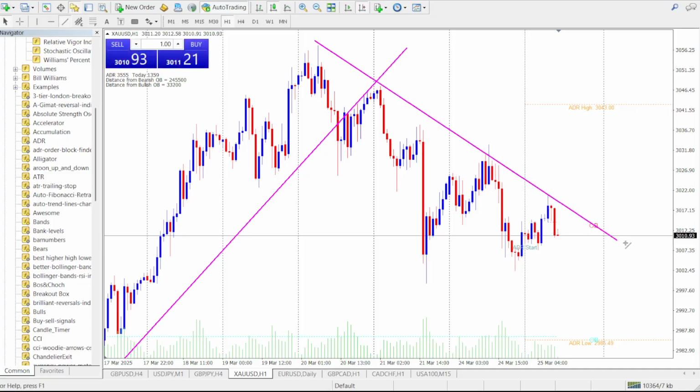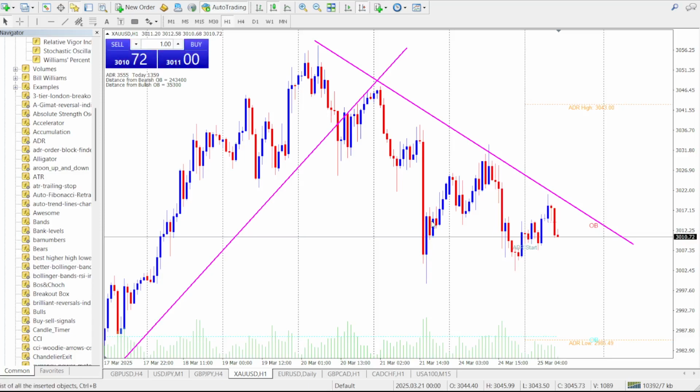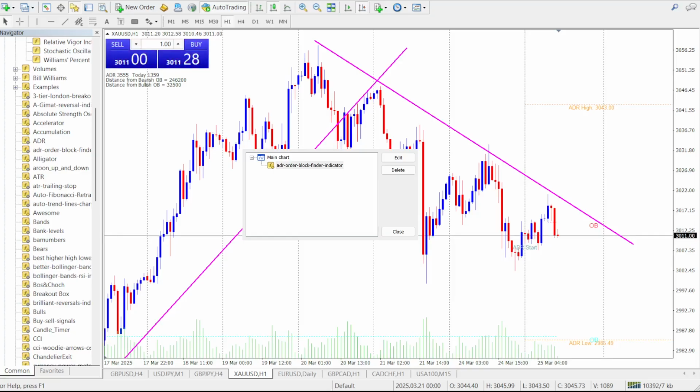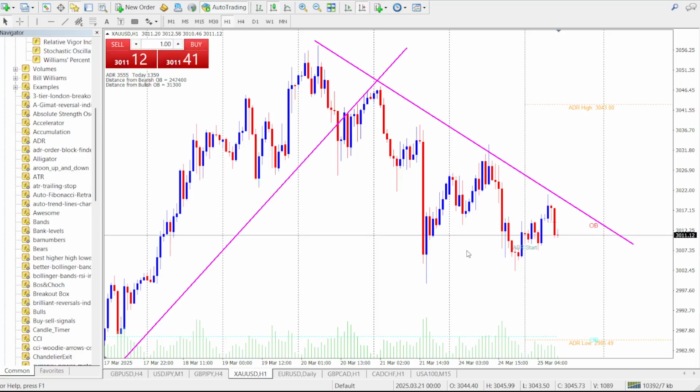So if you are trading in a downtrend, what we can see happening here: if the red lines increase, it signals a bearish trend.